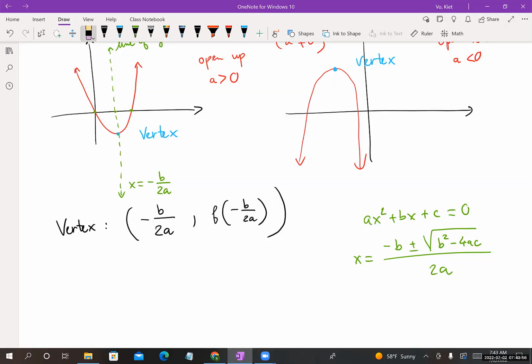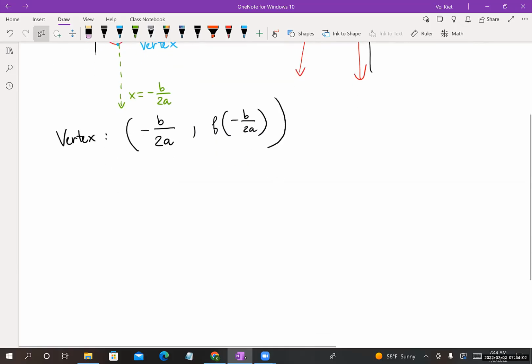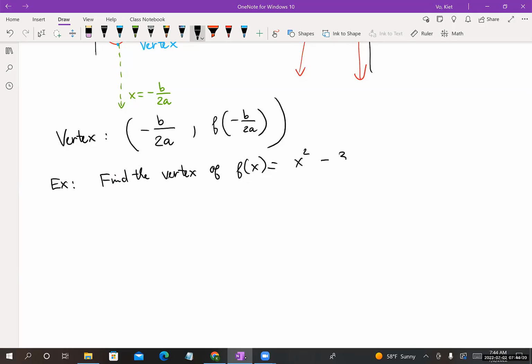Now let's do an example with this formula, the formula for finding the vertex. So here is an example. Let's say, find the vertex of f of x equals x squared minus 3x plus 5.